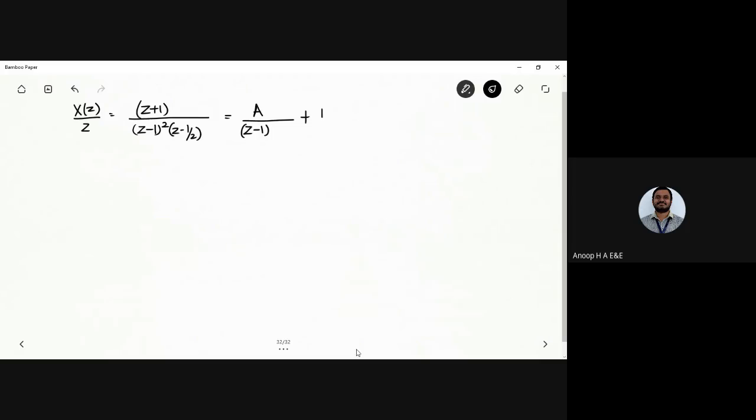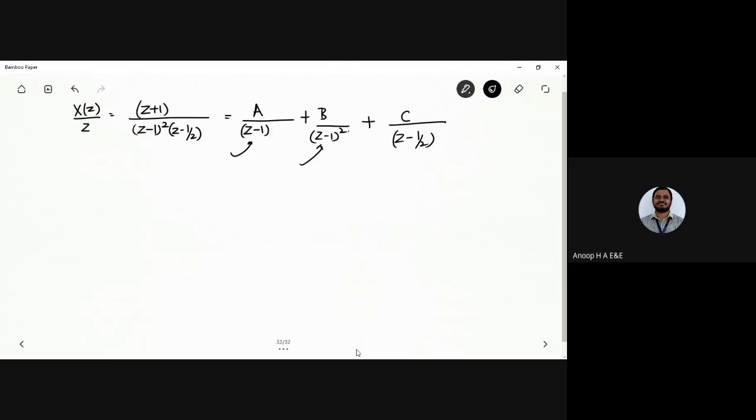I repeat, you start with the first one as Z minus 1 and the next one with Z minus 1 the whole squared, plus C divided by Z minus 1 by 2.